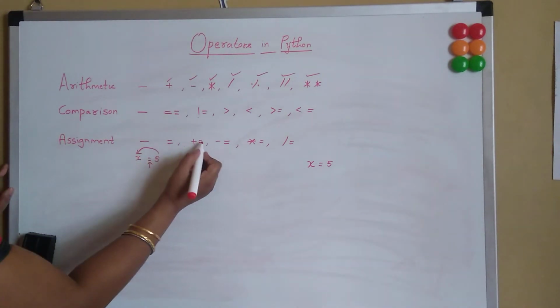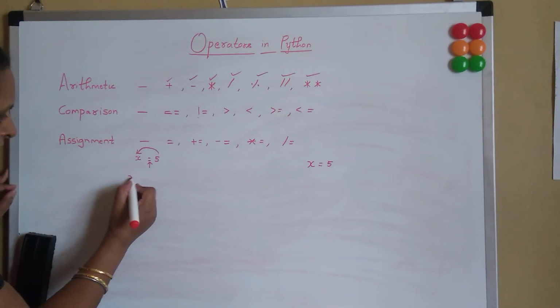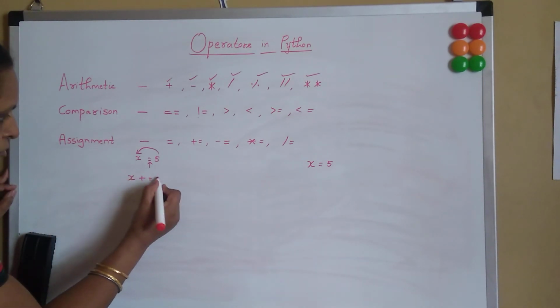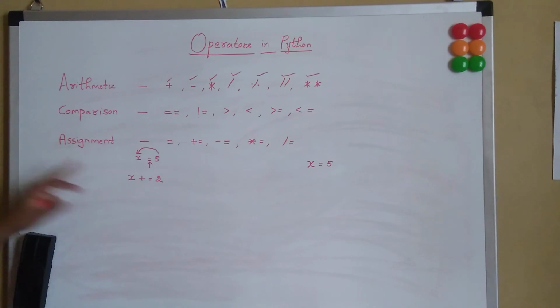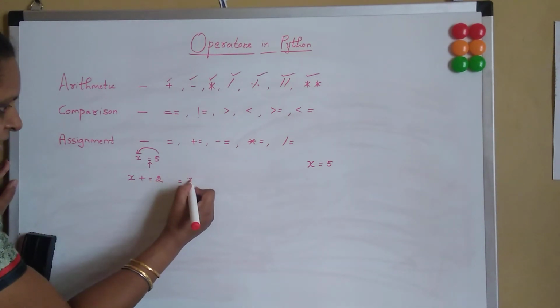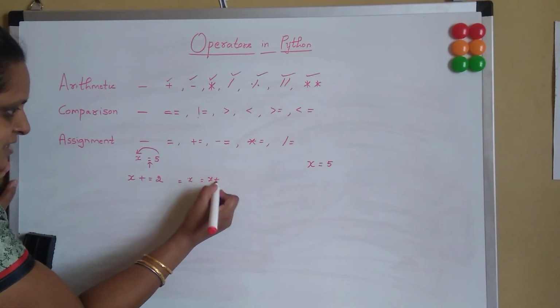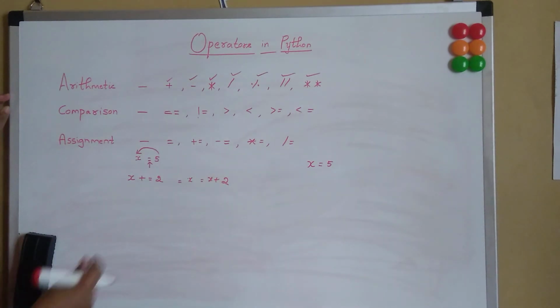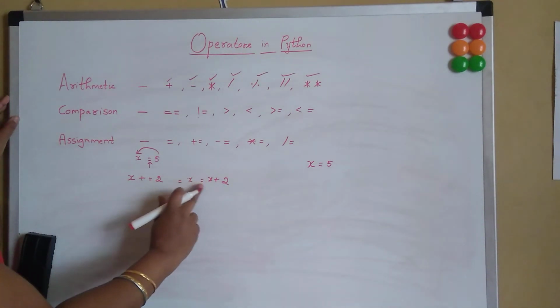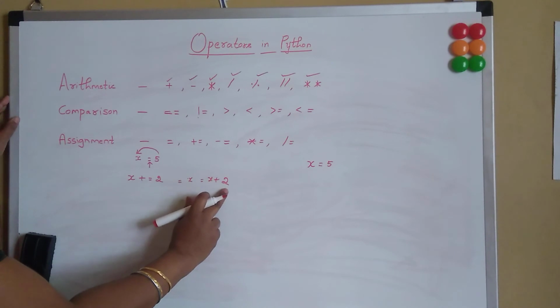Now plus equal to. If I say x plus equal to 2, this is nothing but x equal to x plus 2. To the same variable x we are adding 2.